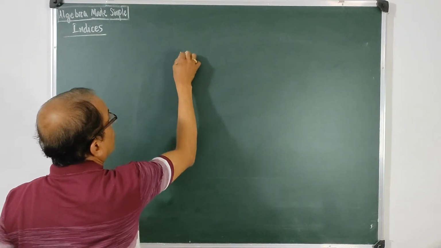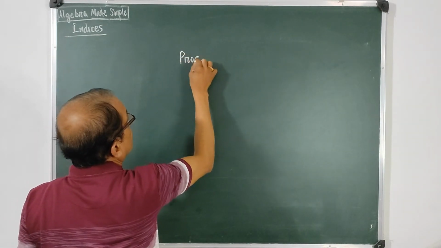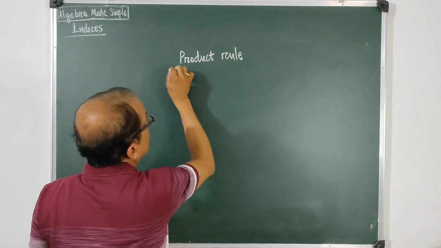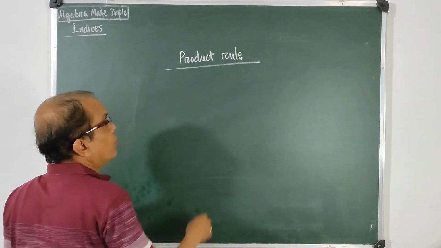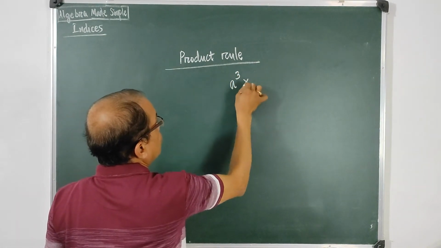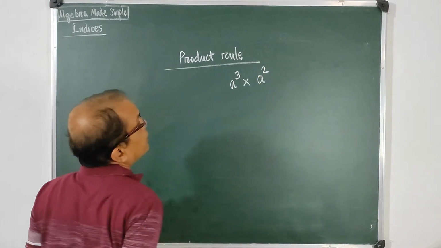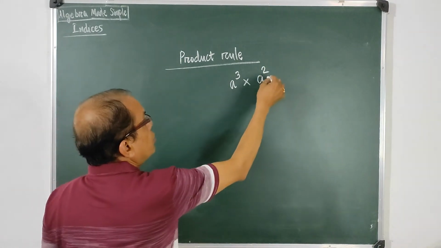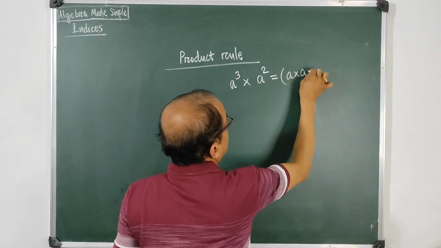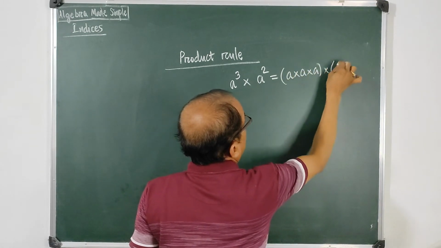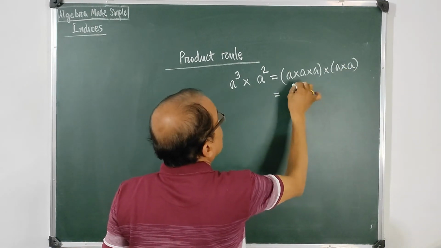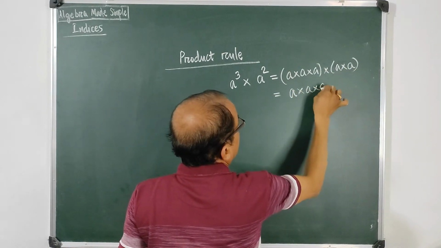The first one is the product rule. In this rule, we are multiplying two different powers, say a cube into a square. How much would it be? We have 3 a's multiplied and then 2 a's multiplied, so we have got 5 a's multiplied.